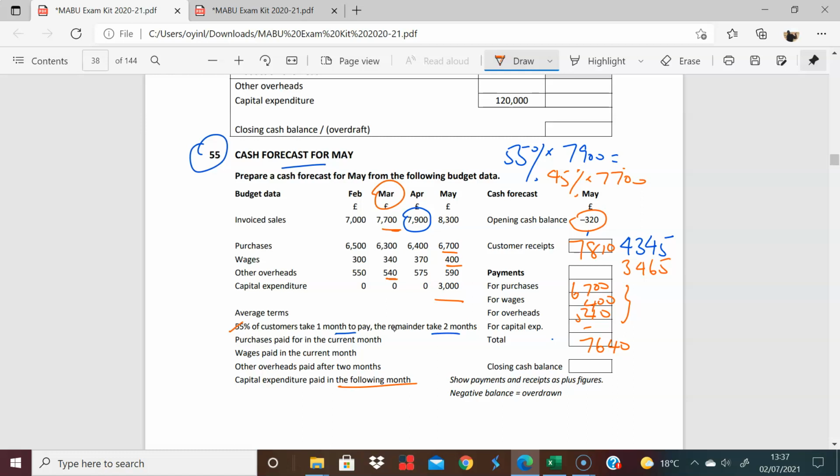So we are now 7,490 in the black, and then we take off 7,640. So we're now overdrawn again, minus 150, right? Because we start off negative, that pulls us right into this positive situation, and then we go against this, which takes us back negatively this way. And that's question 55. Cool, great stuff.